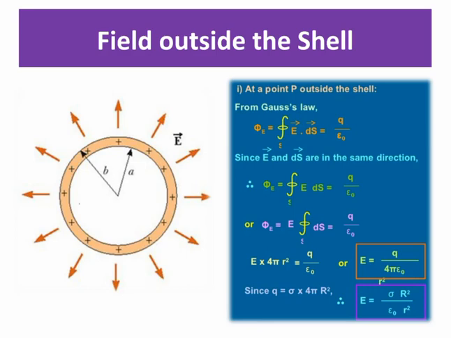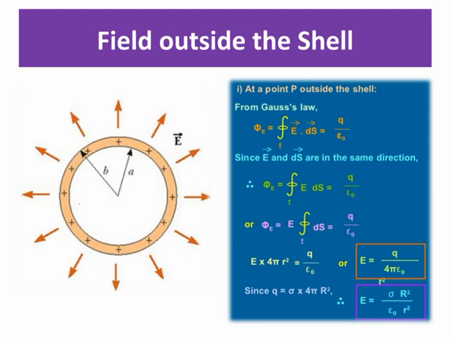If the charge Q is greater than 0, just note that, dear students, if the charge Q is greater than 0, the electric field is directed outward from the center of the shell. Dear students, it's very important, just note that.